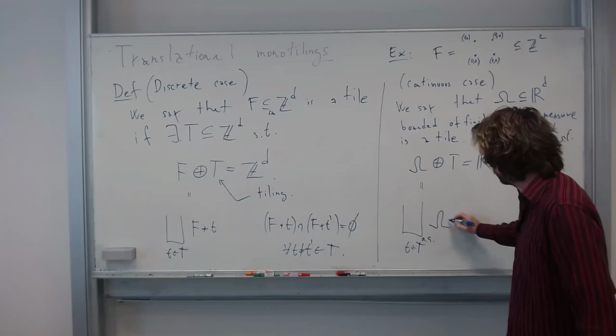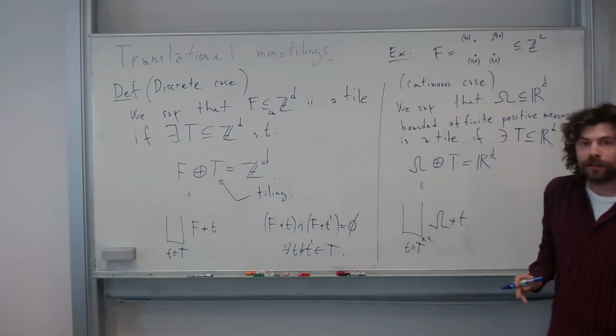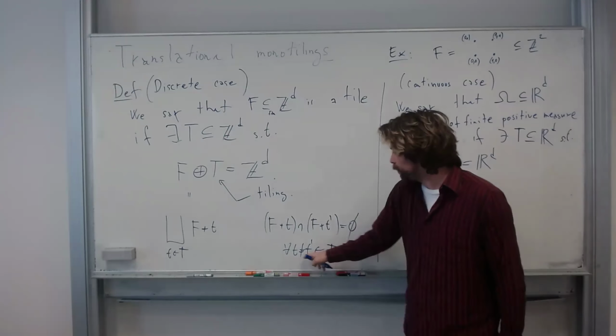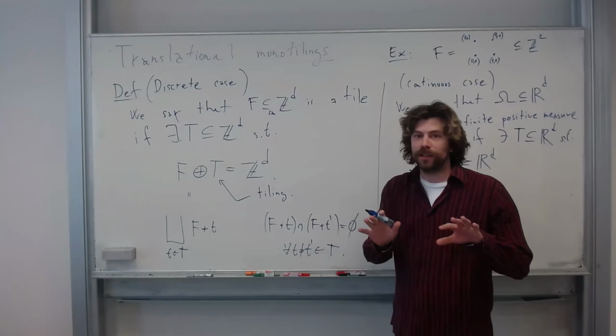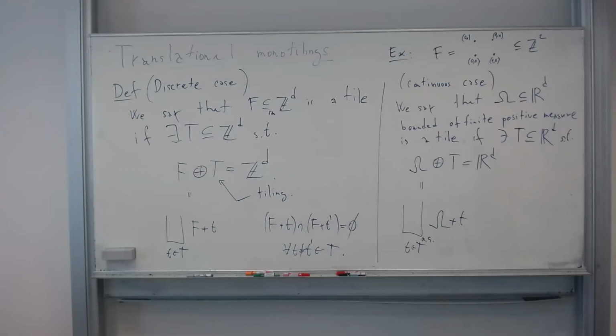So if you take two different elements and shift omega, the shifts intersect in a null set. So this is the main definition.